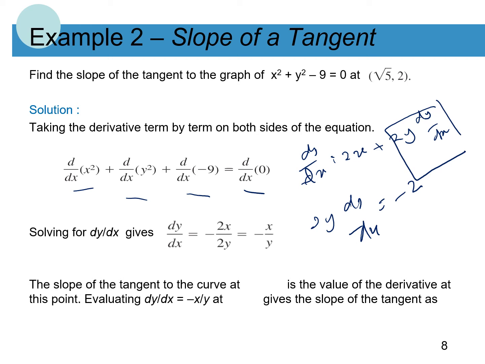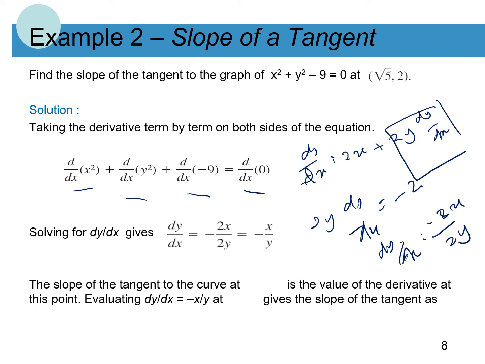Therefore, dy over dx is equal to negative 2x over 2y. Okay, therefore we have negative 2x over 2y, which is equal to negative x over y.